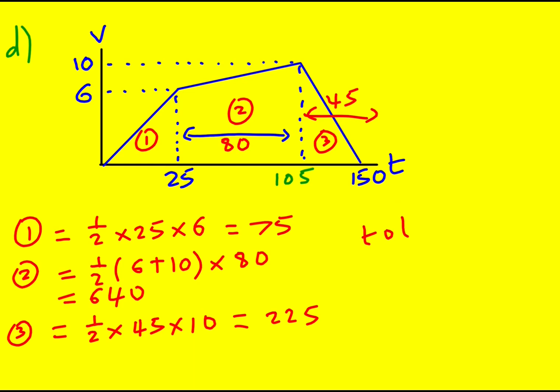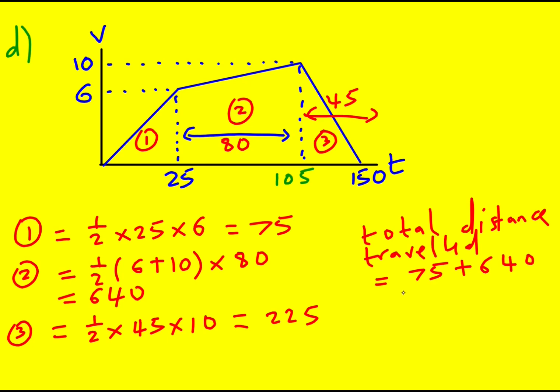Total distance traveled is going to be the sum of these. The 225 and the 75 combine to give 300, so it's just going to be 940.